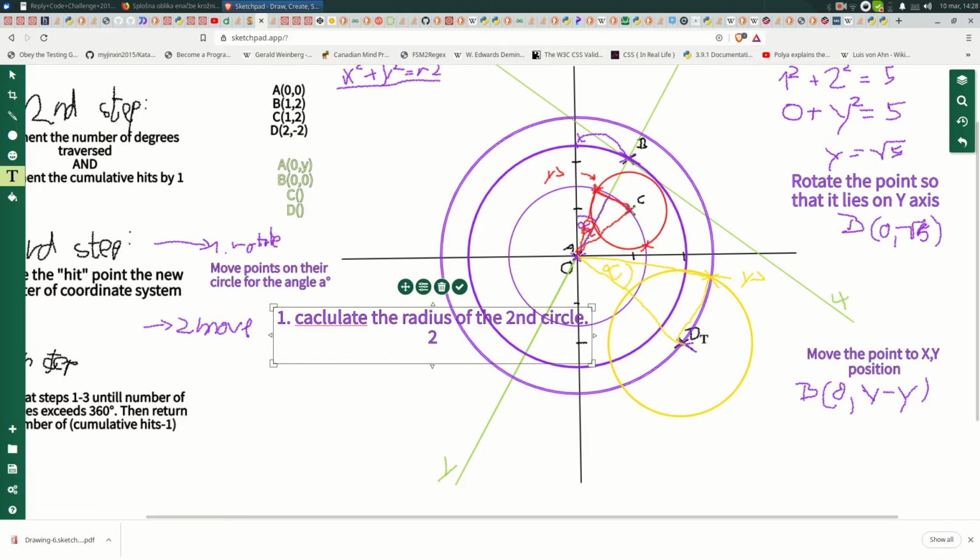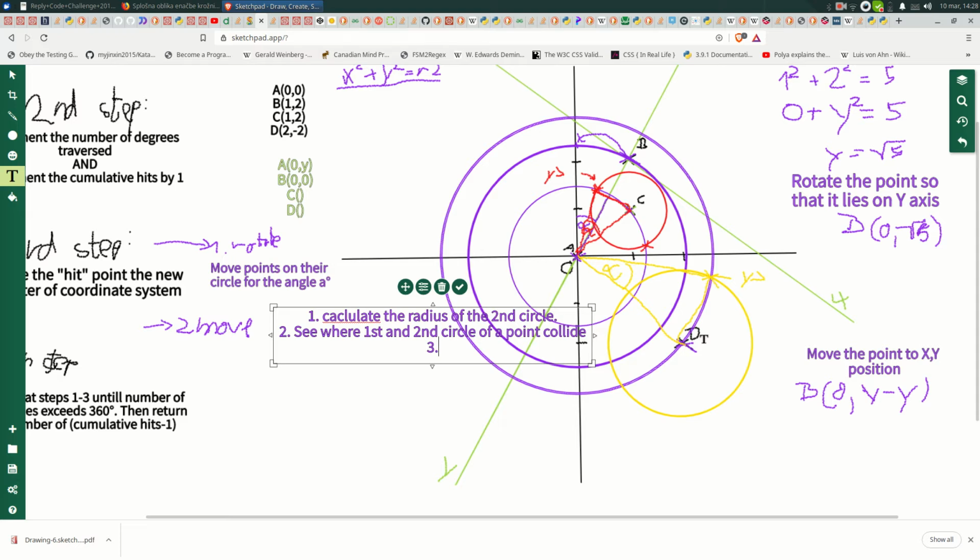Second, see where the first and second circle of the point collide.